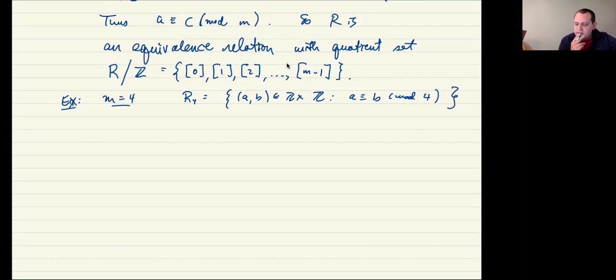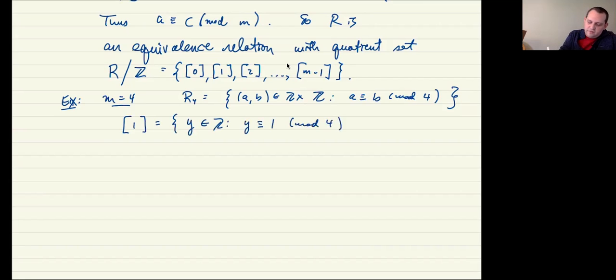Okay. Now let's think about this. Let's think about what are some terms that are going to be related. So in fact, let's classify the equivalence class of 1. Well, this is going to be the set of all the integers y such that y is related to 1 mod 4.